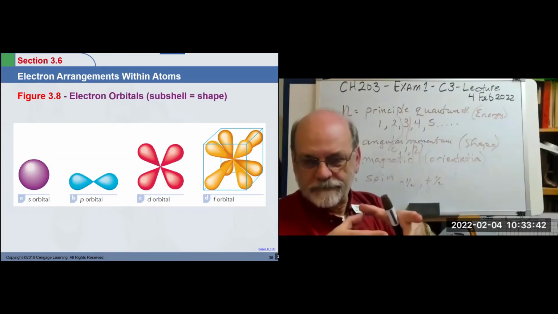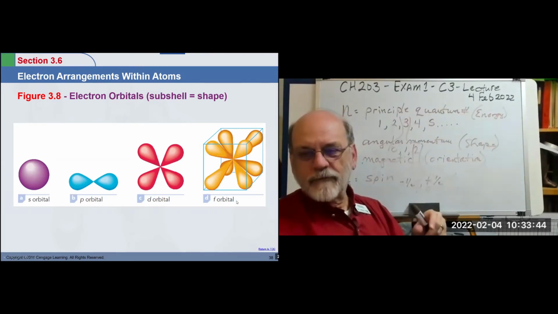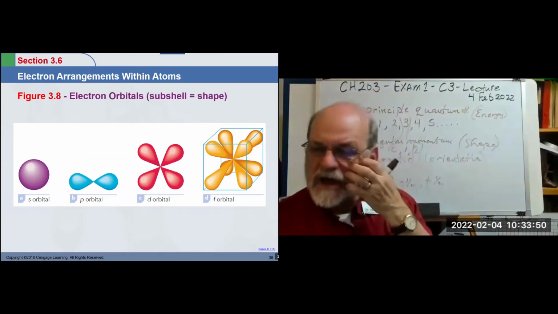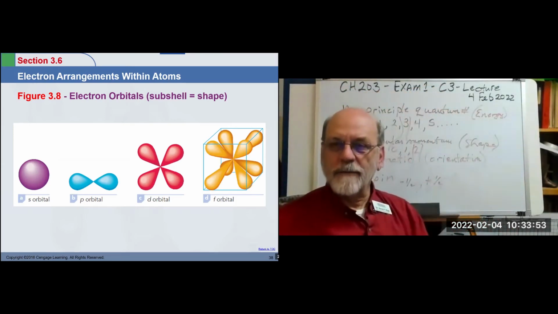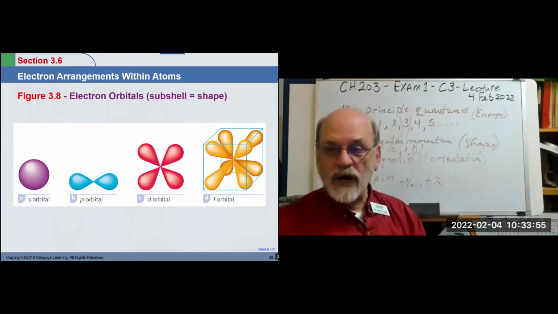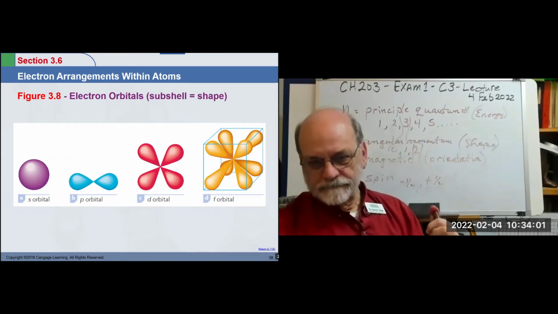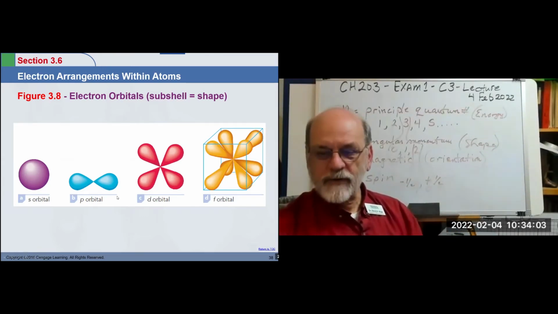It's a donut. And the f orbitals get even more complicated. These shapes are deduced from Schrodinger's equations. They're not observable. You don't actually see them. So this is an artist's representation of what they might look like.